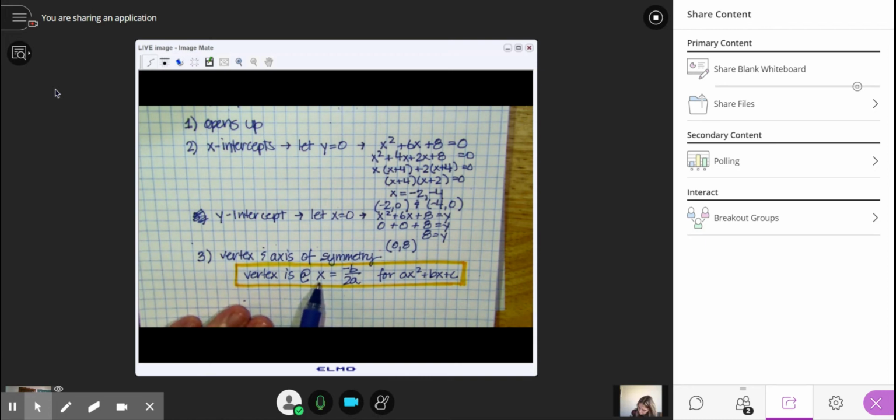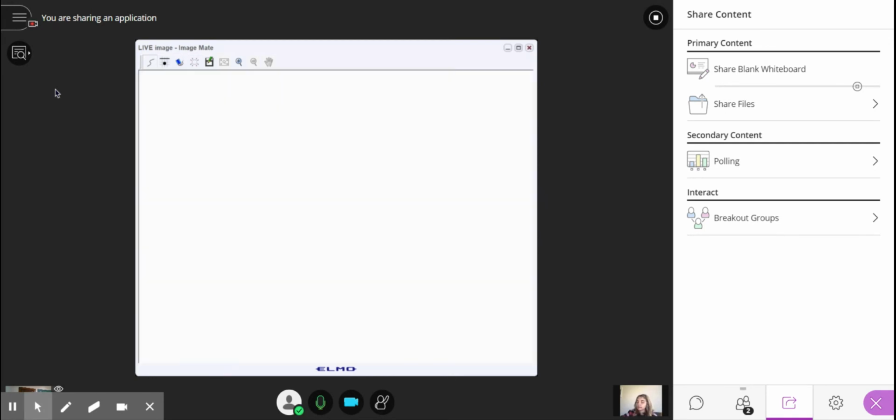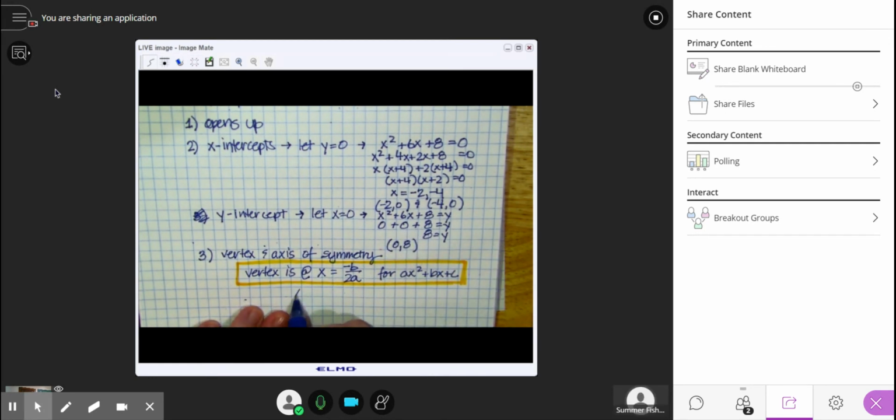So since my x value, the axis, the vertex, I'm going to let my x be the opposite of b. That's going to be a negative 6 over 2 times 1. So that's a negative 6 over 2, or negative 3.